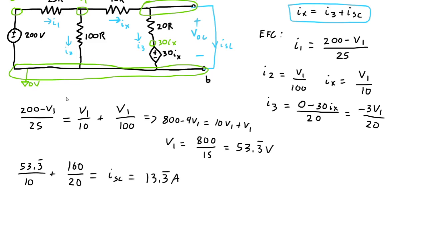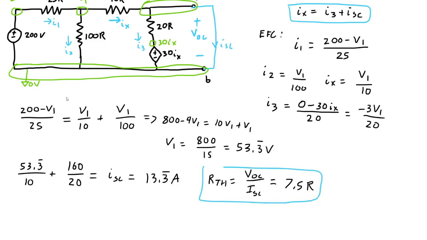So if we want to find R Thevenin, we're going to do V open circuit over I short circuit, and that is 100 divided by 13.33, which is 7.5 ohms. I just like those R's, but that's 7.5 ohms.